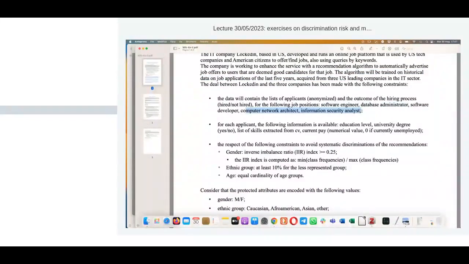in which there is an imbalance in the training data, and this requirement is not enough.